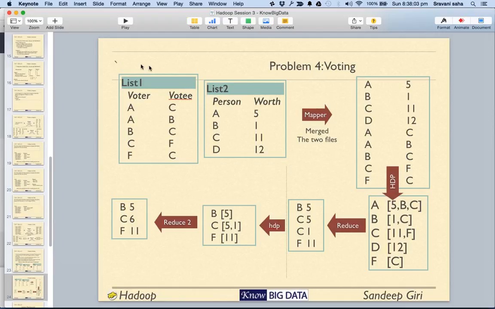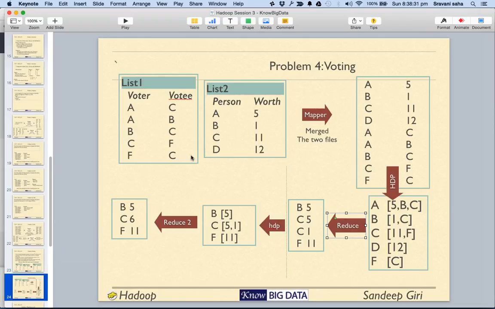So what he's saying is that this reducer will only work if the entire list 2 was present on every block of list 1 on every node. Why do you think so?